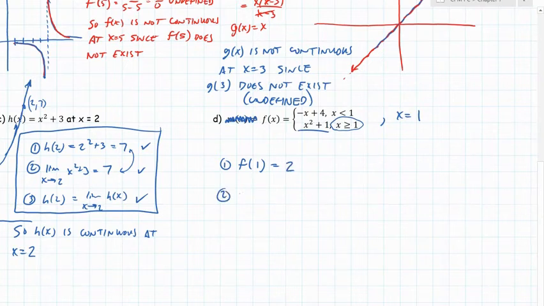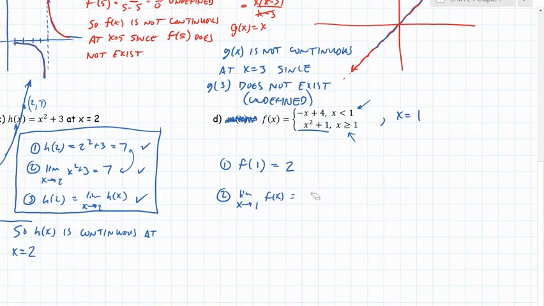Requirement number 2, does the limit as x approaches 1 of f of x exist? And since, let's see, when x is approaching 1, we have one function that we use when we're to the left of 1, and a different function that we use when we're to the right of 1.